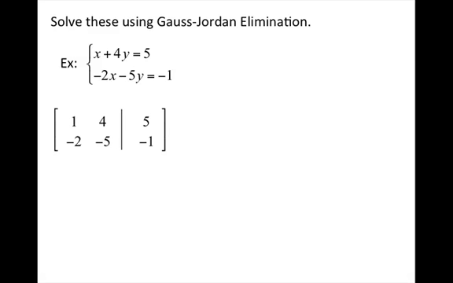Now look to the left-hand side of the vertical bar. That's my coefficient matrix. I want that to become the 2 by 2 identity. So I always write my identity so that I see what I'm trying to find. With any identity matrix, the main diagonal is going to be 1s, and every other element is going to contain zeros.